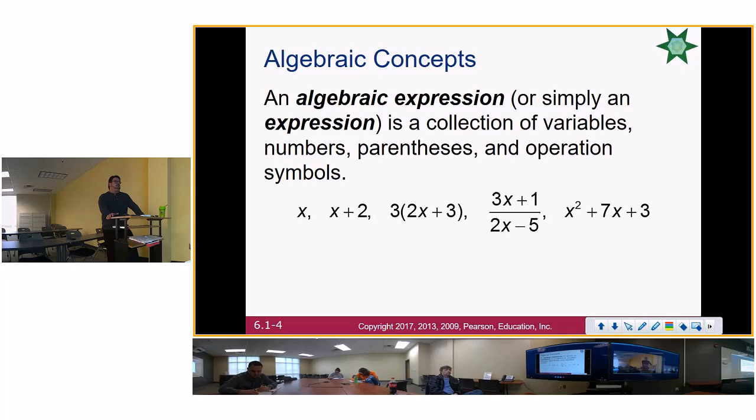Now, I will spend a little bit of time on this because a lot of people don't understand the difference between an expression and an equation. An expression does not have a what? Equal sign. Therefore, you cannot solve it. You simplify it. So write that down. You do not solve an expression. You simplify it.